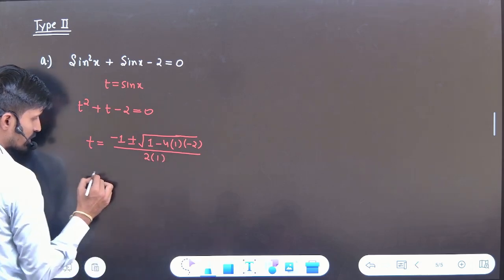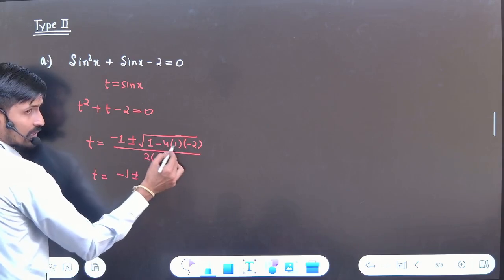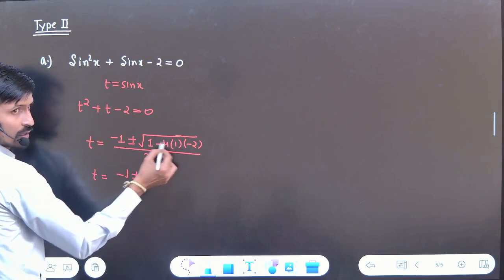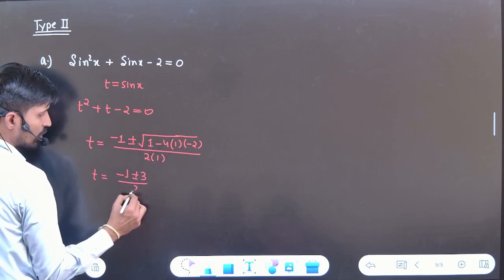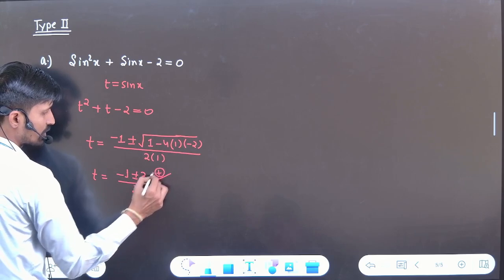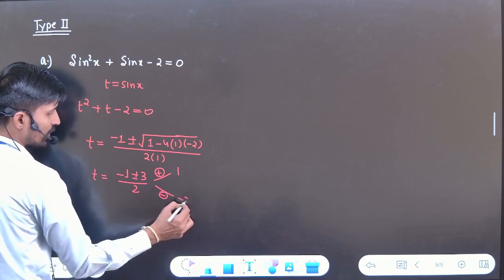So t equals root 9, which is 3, upon 2. When you take the positive sign, the value will be 1. When you take the negative sign, the value will be minus 2.